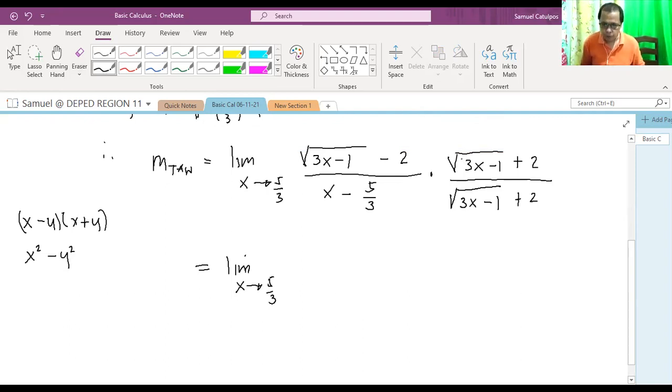And then kung i-square niyo muna, mag-cancel ang imuhang square root. So mabilin, 3x minus 1 na lang ka. And then kani, murag si y squared. So that is just equal to minus 4. Minus 4 na lang ka diha.